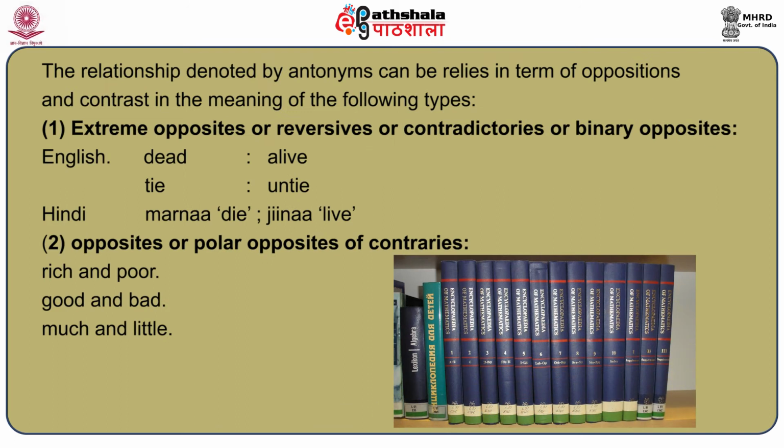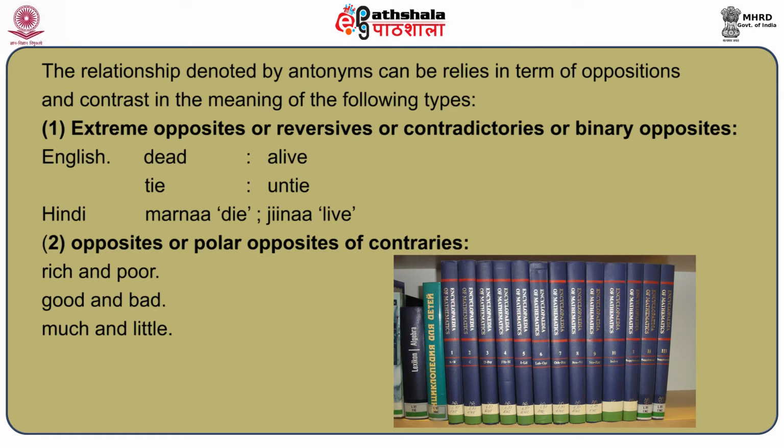The relationship denoted by antonym can be analyzed in terms of oppositions and contrasts in the meaning of the following types: extreme opposites or reversives, or contradictions, or binary opposites. This is the either-or type relationship, the positive and negative features of the meaning: dead, alive, tie, untie.